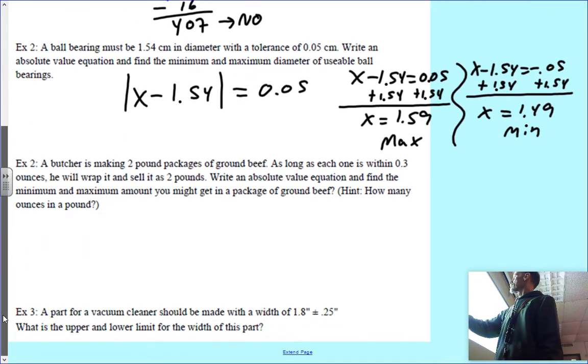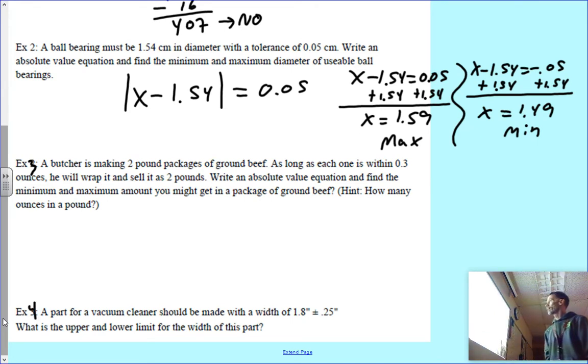Last two examples. This is actually example 3 and 4, even though I'm a math teacher, sometimes I have a hard time counting to 4. So I'm going to let you do these two on your own. If you want to pause the video, if you haven't done these yet, if you weren't in class that day, go ahead and work on these. The one thing about example 3, notice the units need some work.